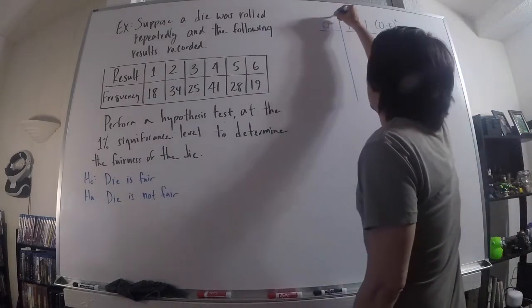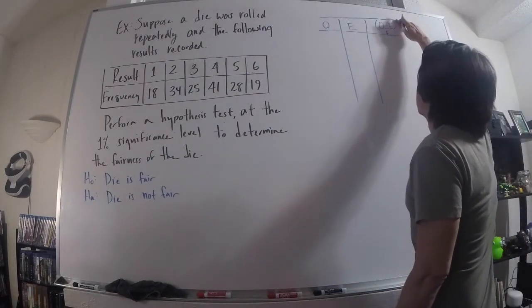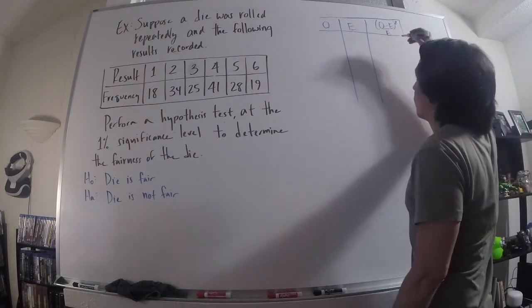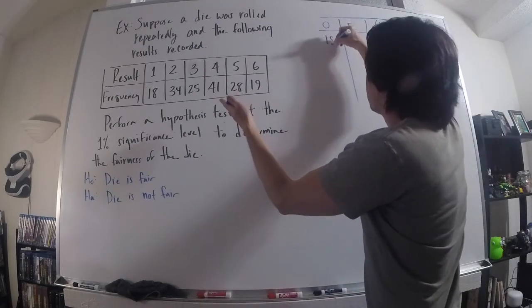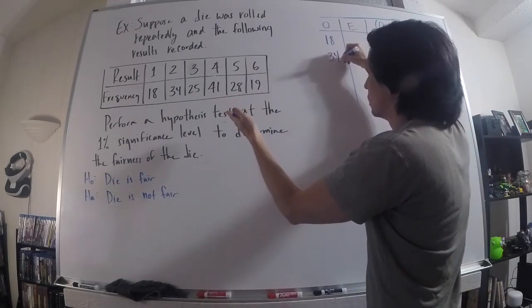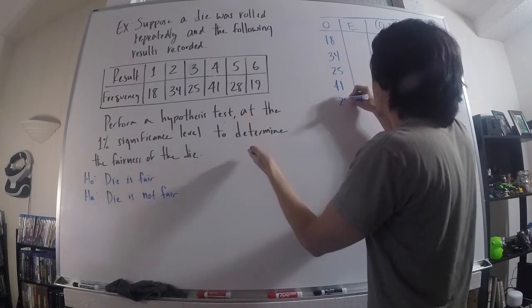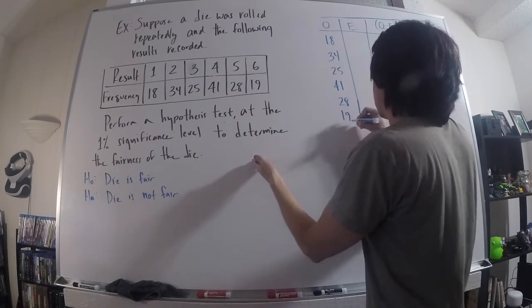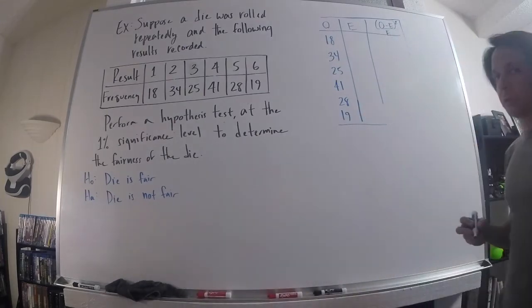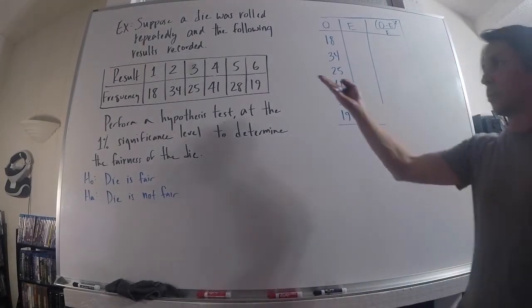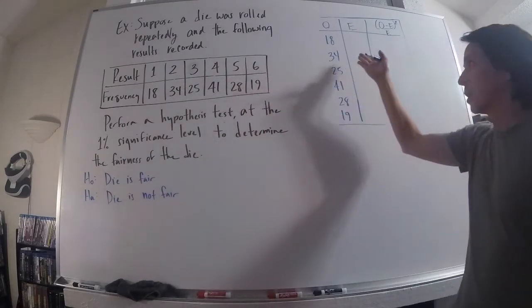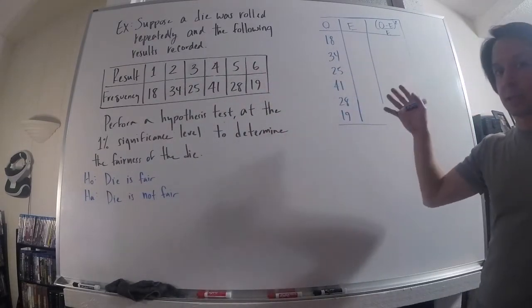Okay, the observed frequencies are right here: 18, 34, 25, 41, 28, and 19. The expecteds we're going to have to compute, but the results, 1, 2, 3, 4, 5, where are they going to go? They don't. They're not things you're going to be entering.